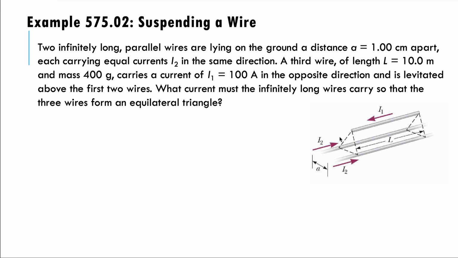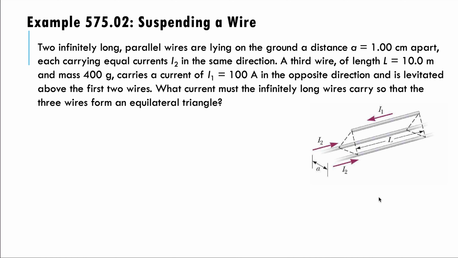So the first thing to figure out is, why is this wire being levitated? Well, we learned that when two wires carry currents in the opposite direction, they're going to repel. So wire 1 is going to be repelled upward by both of the bottom two wires. Let's draw a free body diagram from this front view.